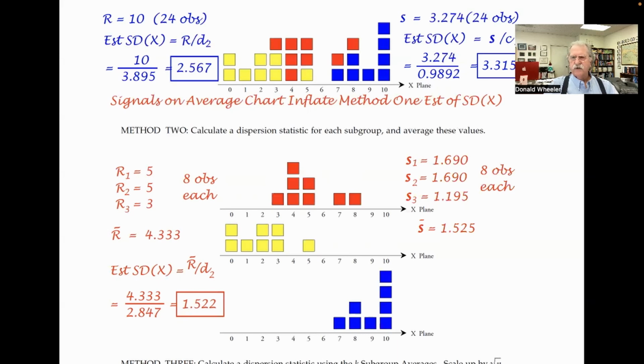And each of these is based on 8 observations. So our estimate of the standard deviation parameter is S bar divided by C4. That's 1.525 divided by 0.9650 gives us a 1.580, exactly what we found on page 29.